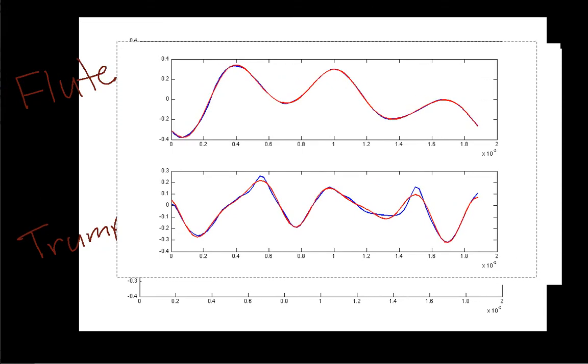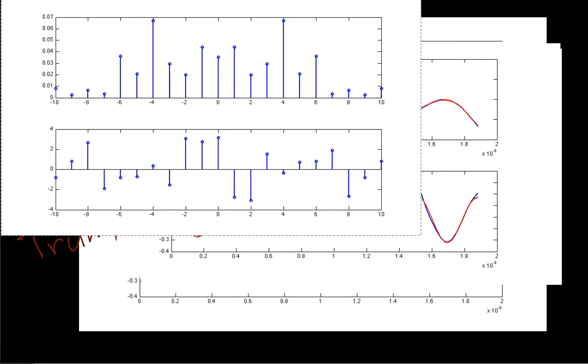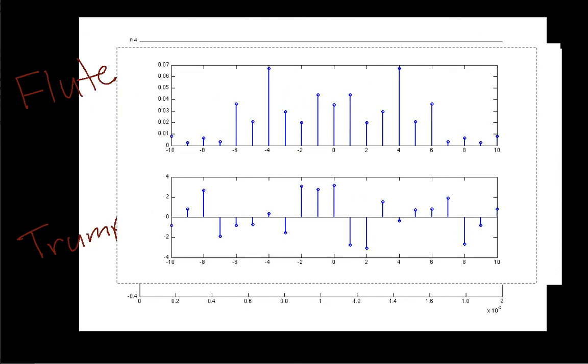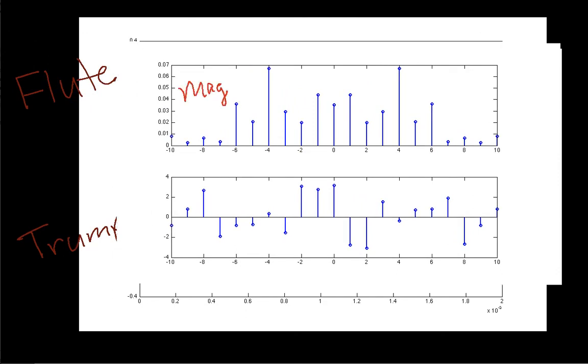So why do we need to have more harmonics to reconstruct the trumpet well than the flute? Well, if you look at the Fourier series coefficients for the trumpet, you get something that looks like this, where again, this is the magnitude and the phase.